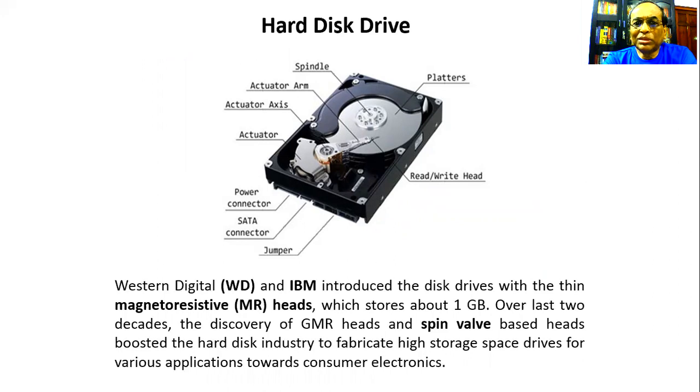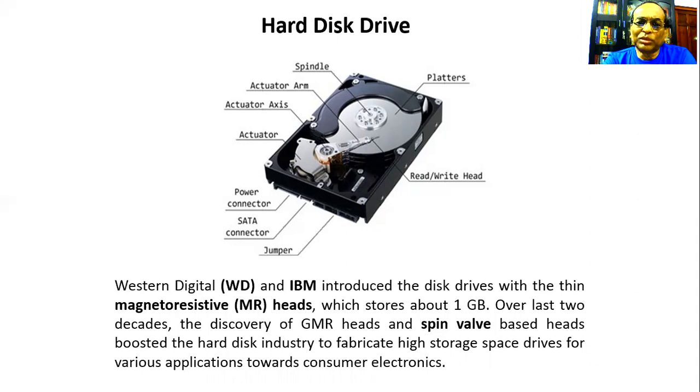Hard disk drive, this is an essential part of the computer, laptop, and desktop computers. We all know this is a very popular one. It has the power connection, the SATA connector, jumper, and the very finely aligned read write head.